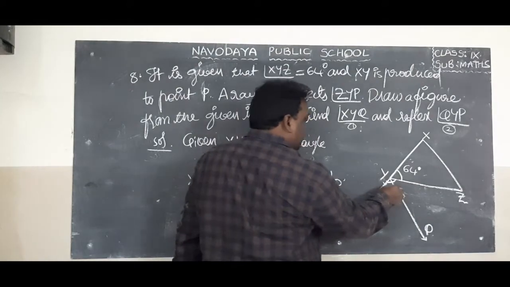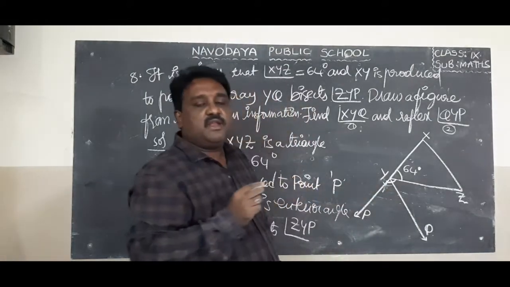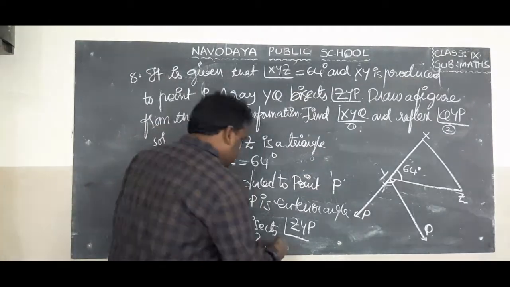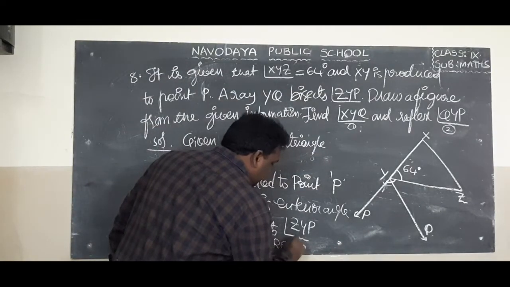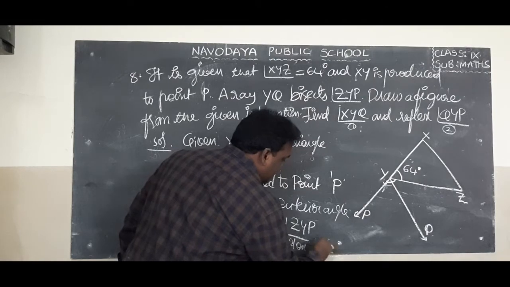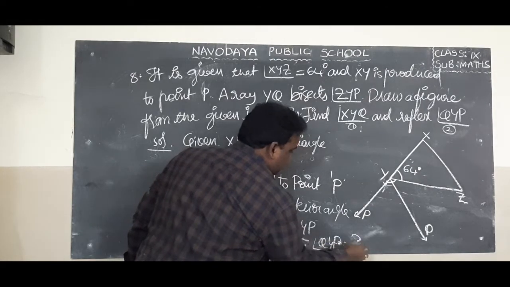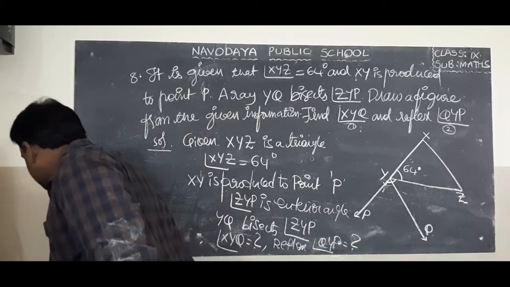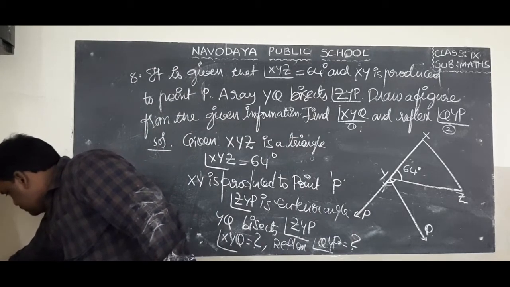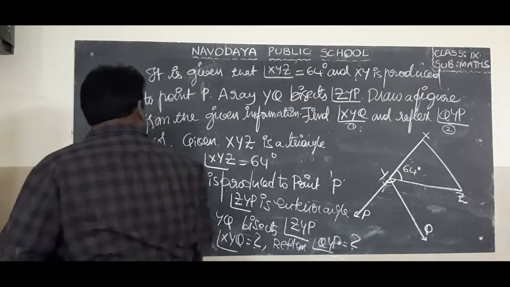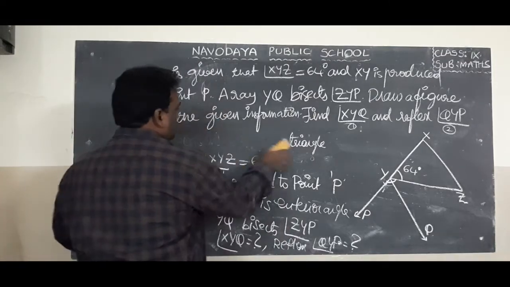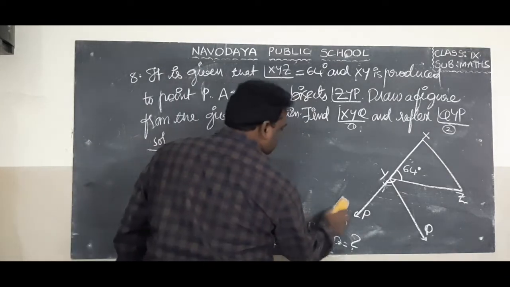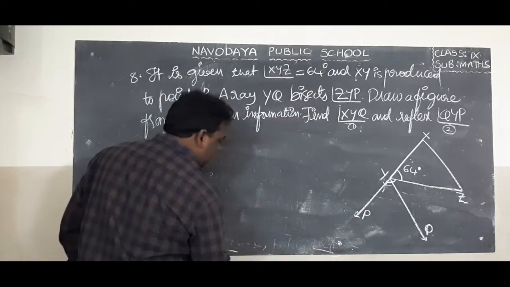Okay now, this is the angle first we need to find out. Then how to get reflex angle? Subtract from 360. So second one, reflex angle QYP, question mark. Okay now, then how to find out the angle? You see now.